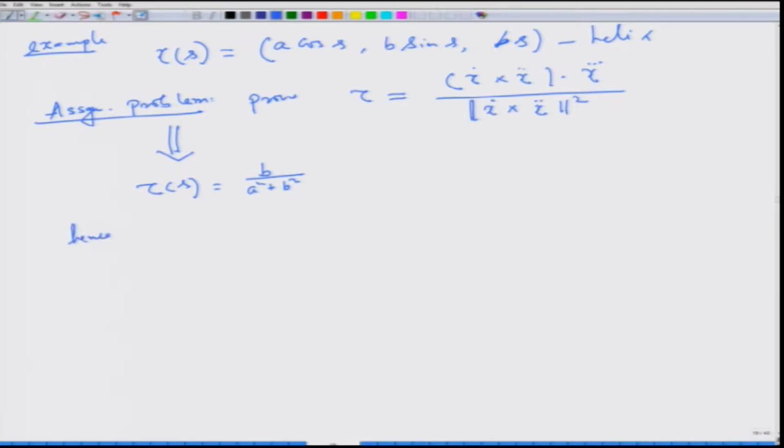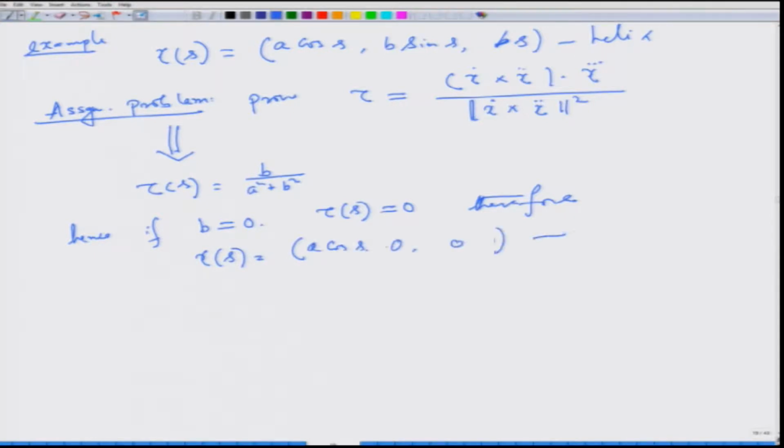Hence, if b equal to 0, then torsion is 0, and therefore γ(s) is (a cos s, a sin s, 0).